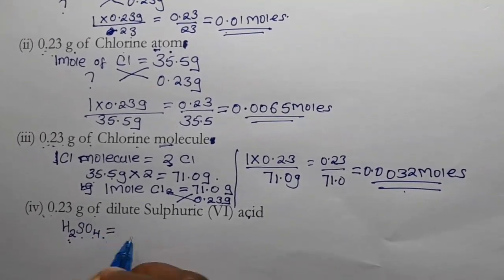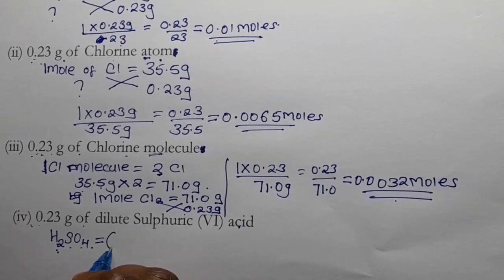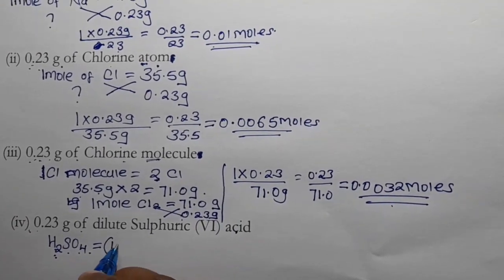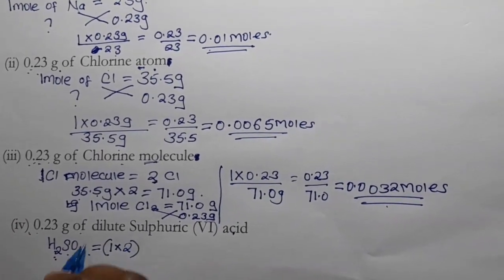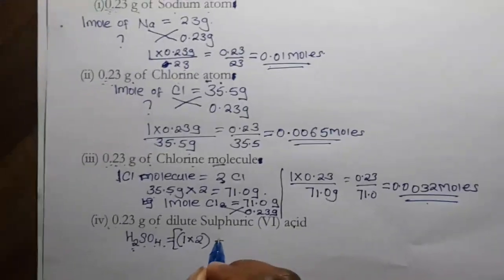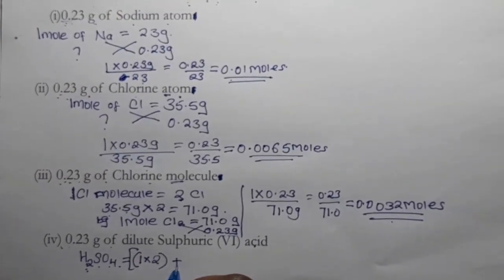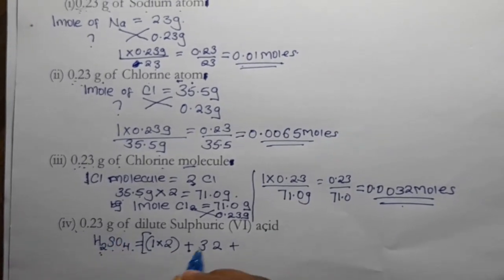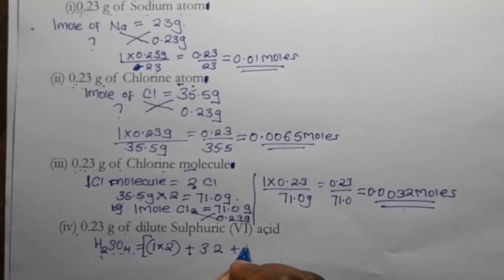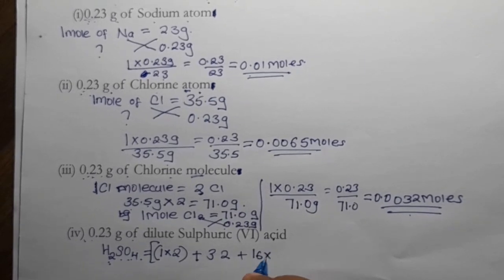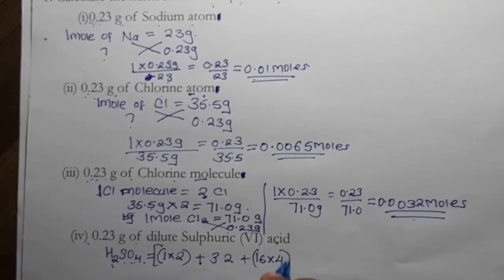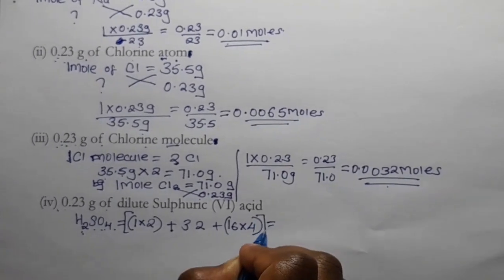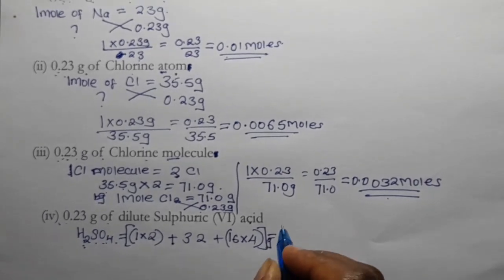So here we have hydrogen, its molar mass is 1 multiplied by 2. Then we add that of sulfur, that is 32. Then we have 4 oxygen atoms, so this is 16 multiplied by 4.